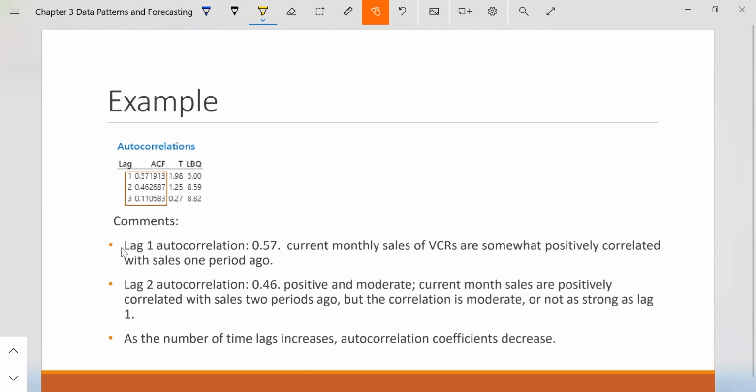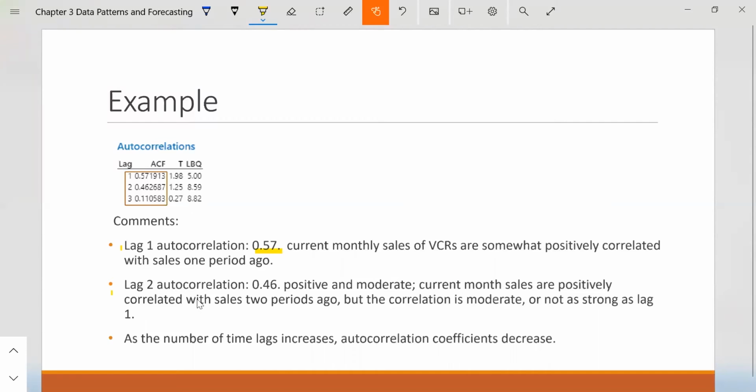For lag 1, the autocorrelation is 0.57. And that means the current month sales of VCR are somewhat possibly related to sales 1 period ago. It's not very strong because it's not very close to 1. The closer the value is to 1, the stronger the autocorrelation will be. It's similar to the correlation coefficient.